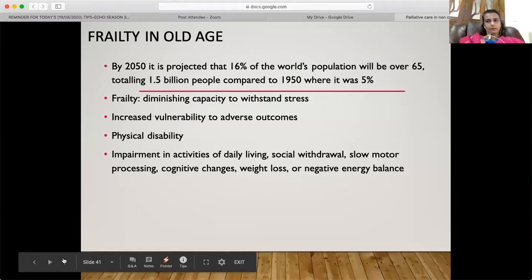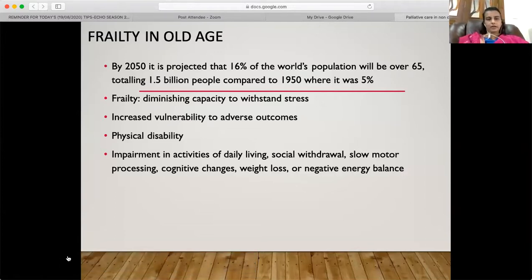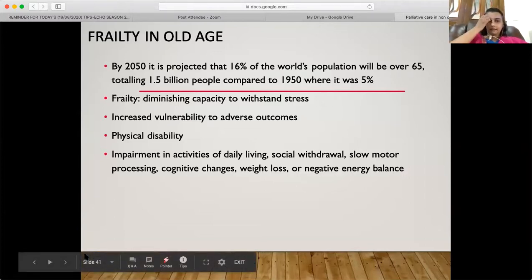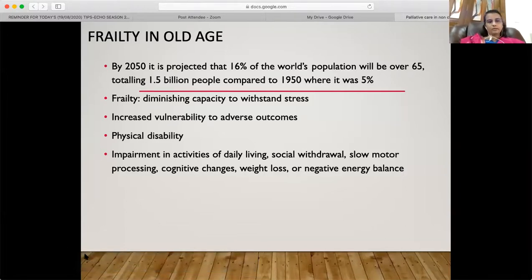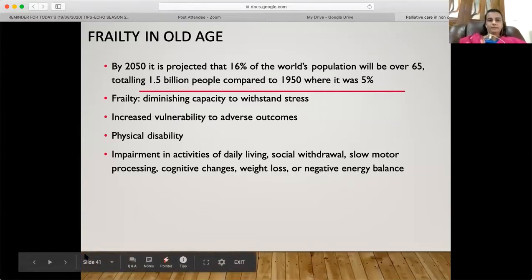Coming to the next topic, which is frailty in old age. Again, our geriatric population is increasing, and by 2050 it is projected that about 16% of the world's population will be over 65, totaling about 1.5 billion people, compared to 1950, which was only 5%. So what happens when you've got an elderly population?